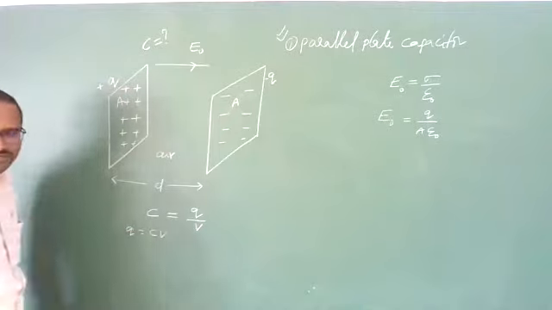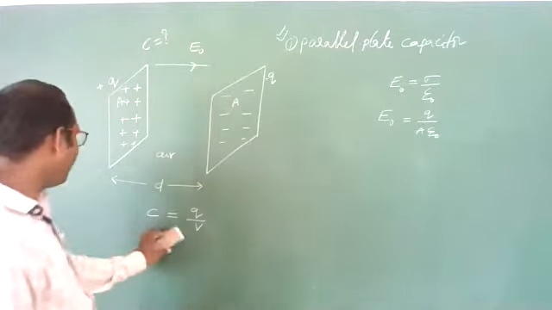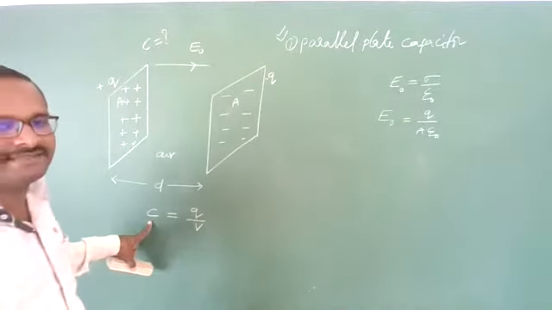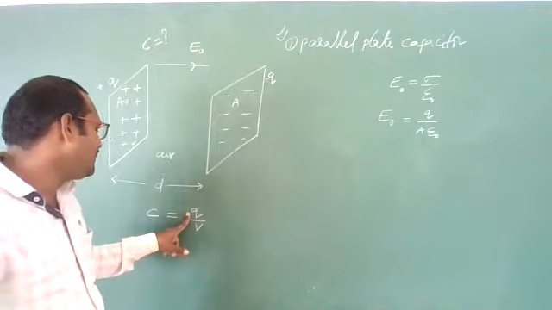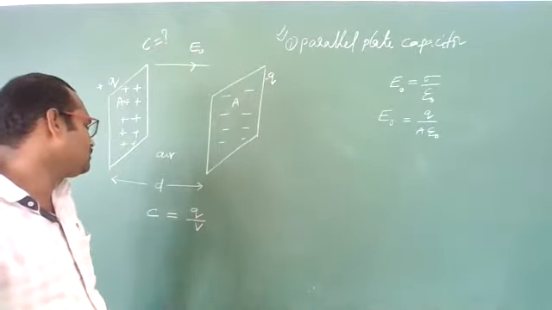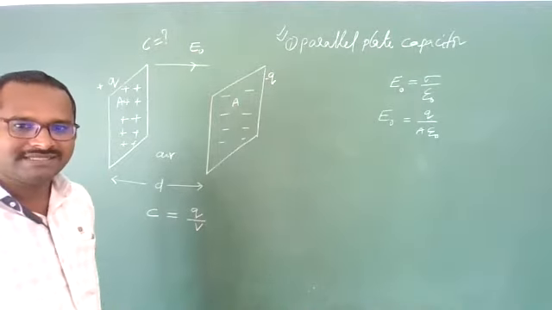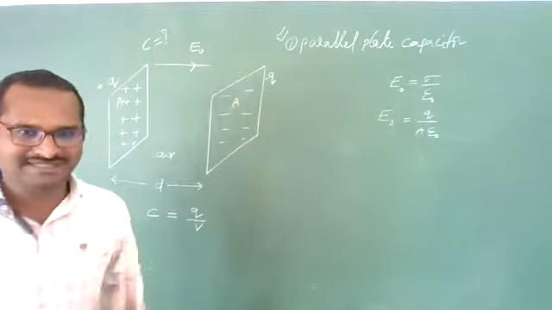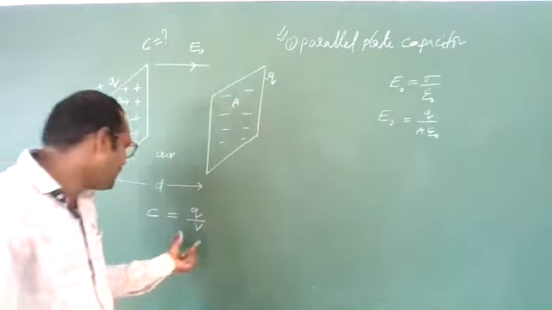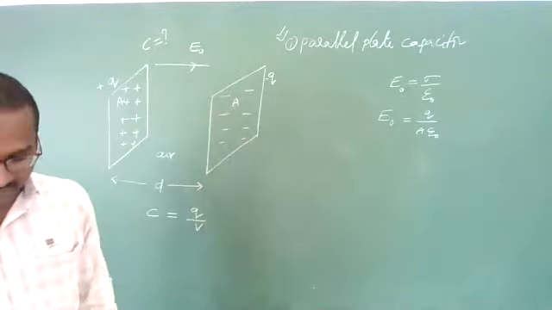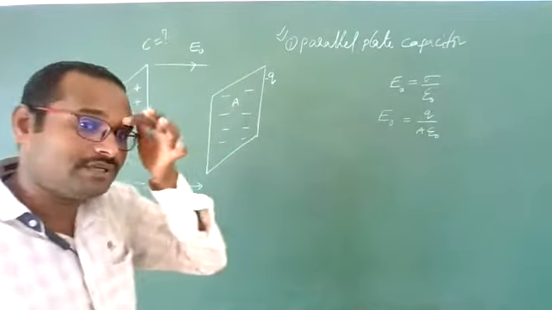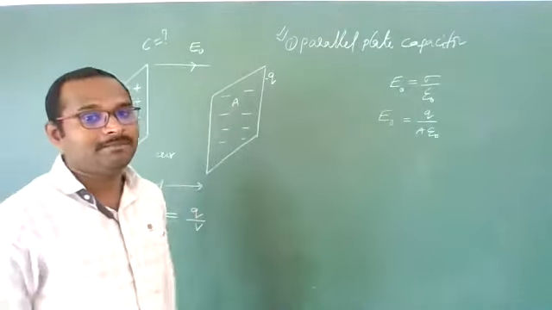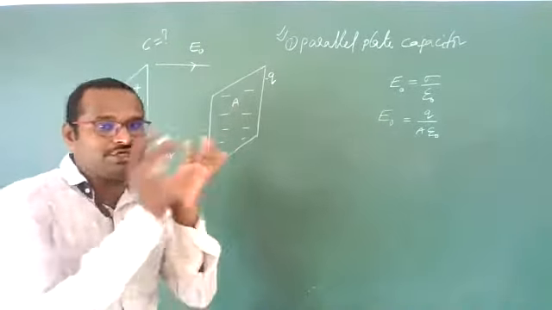Then C is equal to Q by V. So to find the capacitance, you want charge and you want potential also. We know the charge on each of the plates, Q. The only thing is we want the potential. In this chapter, we have derived one equation between electric field and potential.